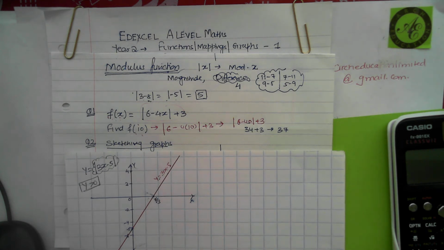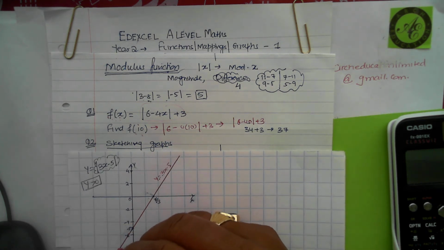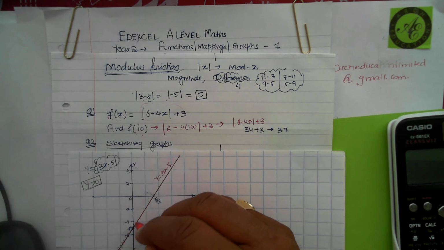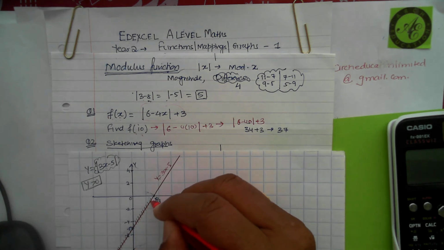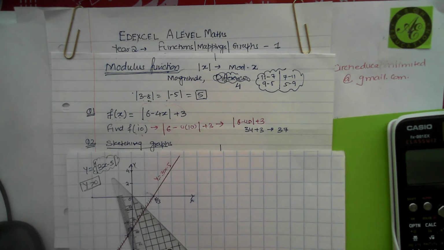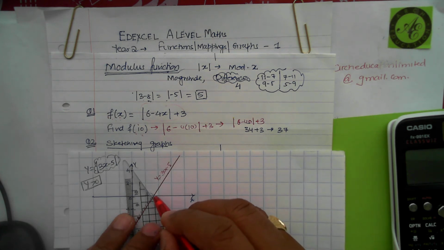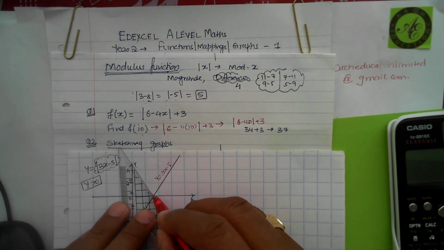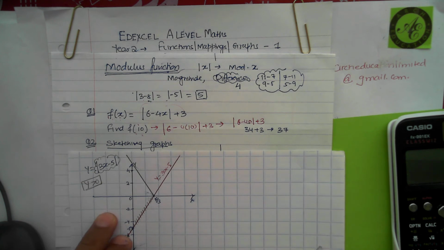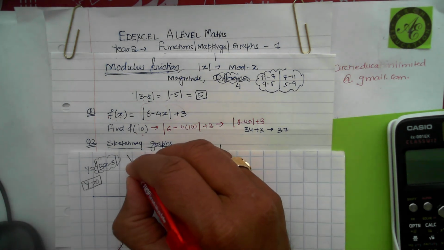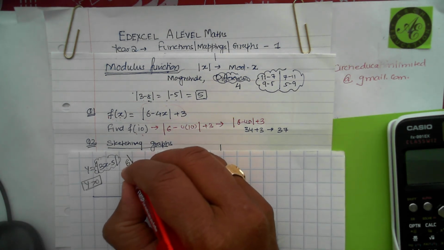So what do we do then? We reflect this portion of the graph in the x-axis because we want y to be bigger than 0. So that is the graph for this function, and at this point the y-intercept would be positive 5.